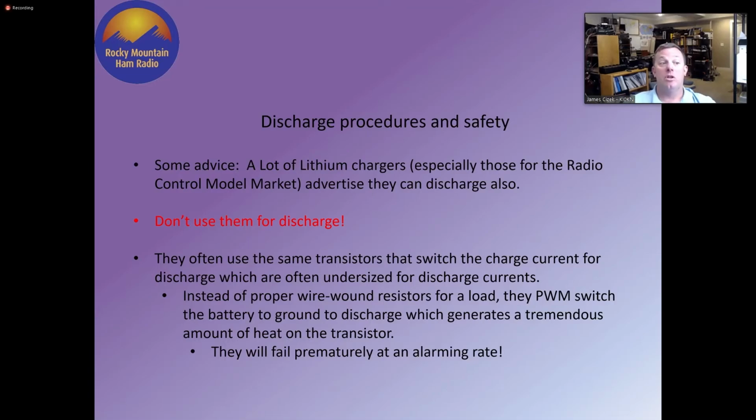Now, one piece of advice on dischargers. Many good quality lithium charging stations advertise that they do discharge. Don't use them for discharge. They often use the same transistors in there to switch charge current, and they use those for discharge as well. However, they're typically undersized for the discharge current.